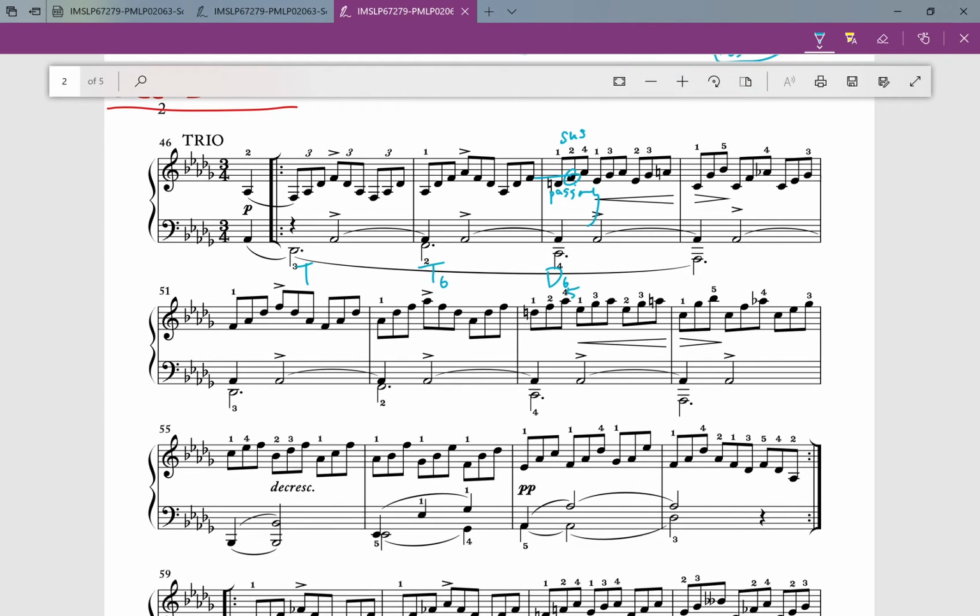Okay, now here we have dominant 9th, and then this here is basically dominant 7th, and this chord here is an auxiliary chord 3 in the first inversion.